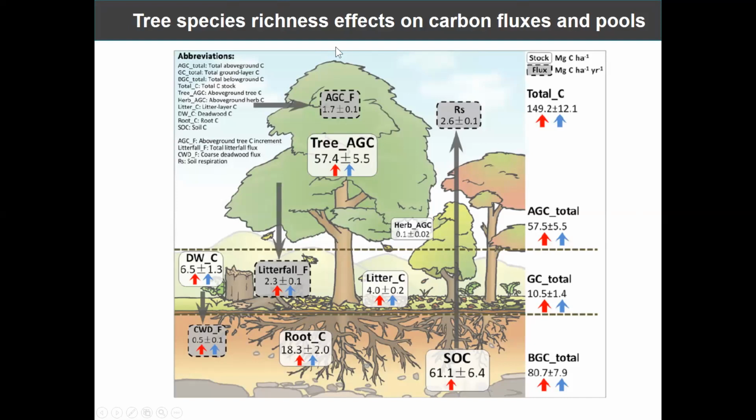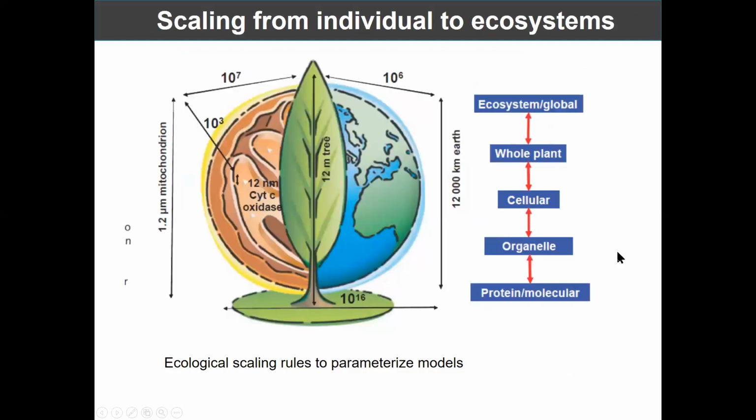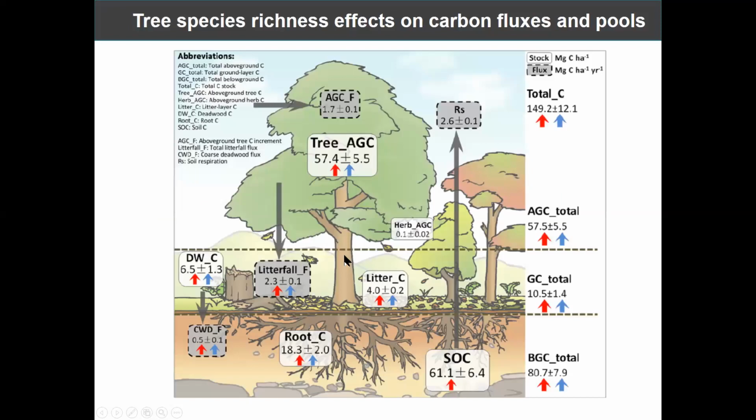I know this diagram is a little complex, but what I want you to focus on is that each of these boxes represents different pools and fluxes in an individual plant or in an ecosystem, where AGC and all the different Cs represent either carbon pools or fluxes. And of course, the ones above the dash line represent above ground pools and fluxes, and the ones below the dash line represent below ground fluxes.